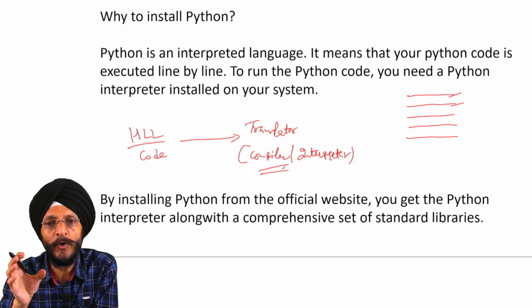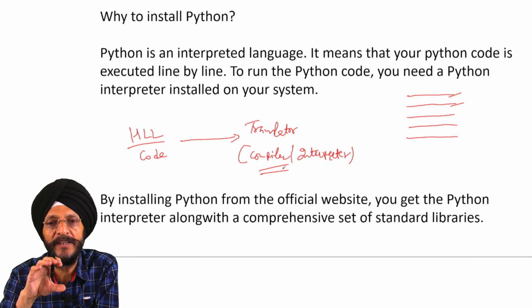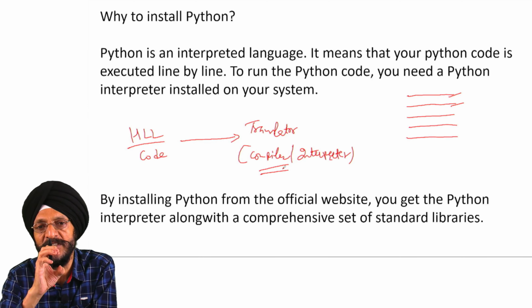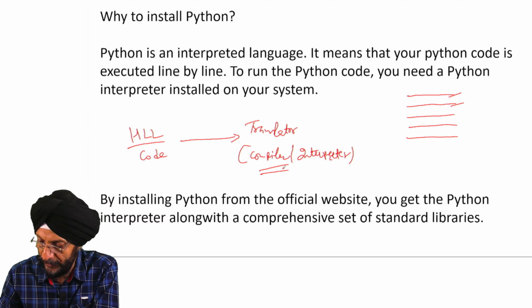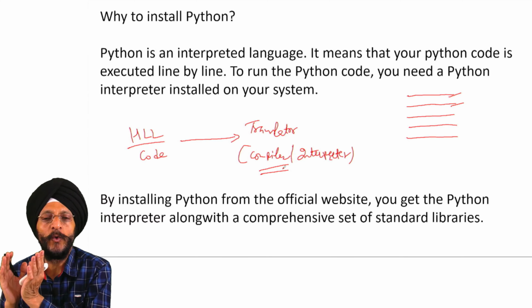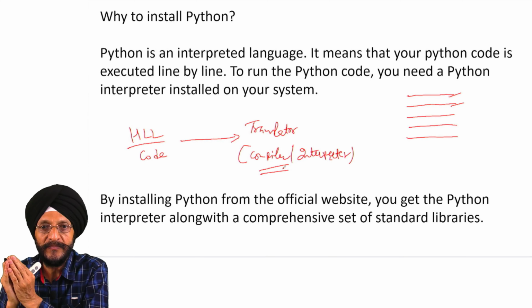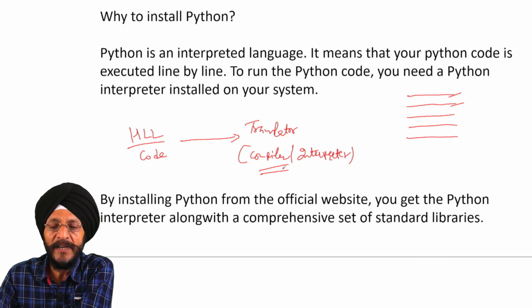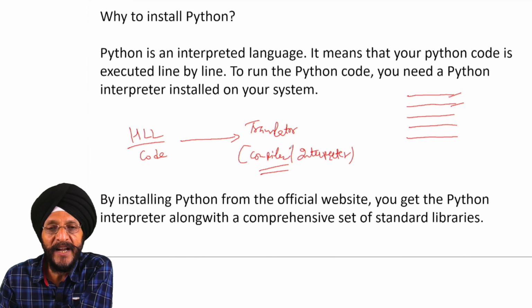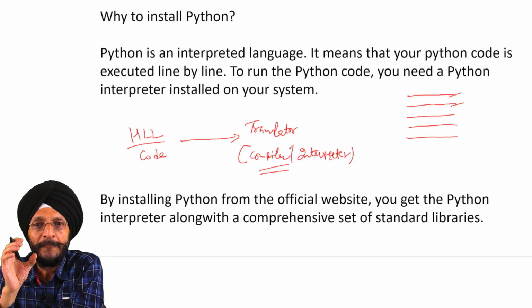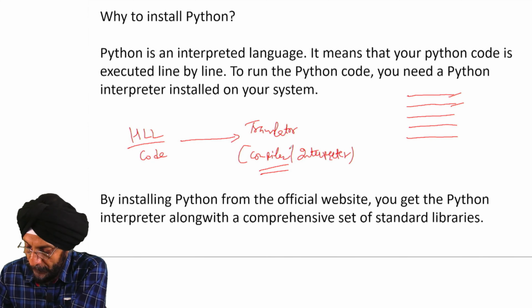If we are talking about Python code, that is, the code is written in a high level language and that high level language is Python, then the interpreter will come into the picture. When the code is written in Python, the interpreter will translate that code into machine code.